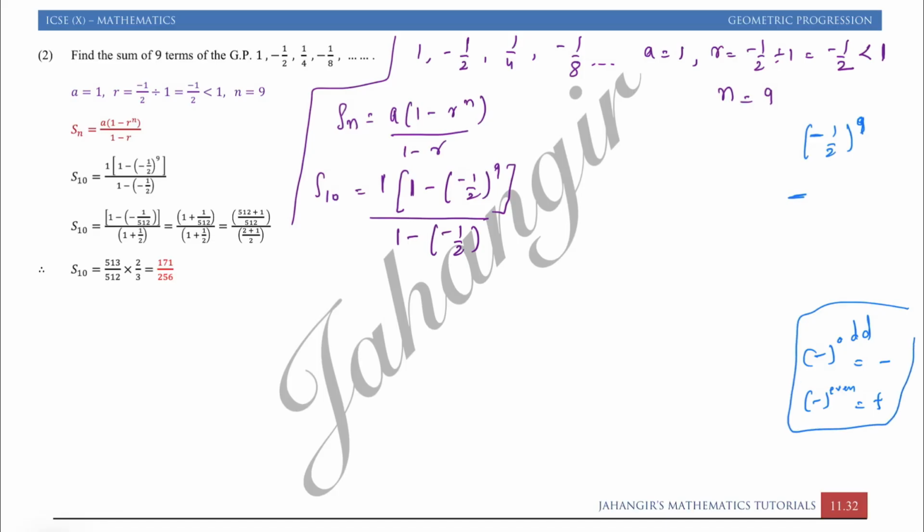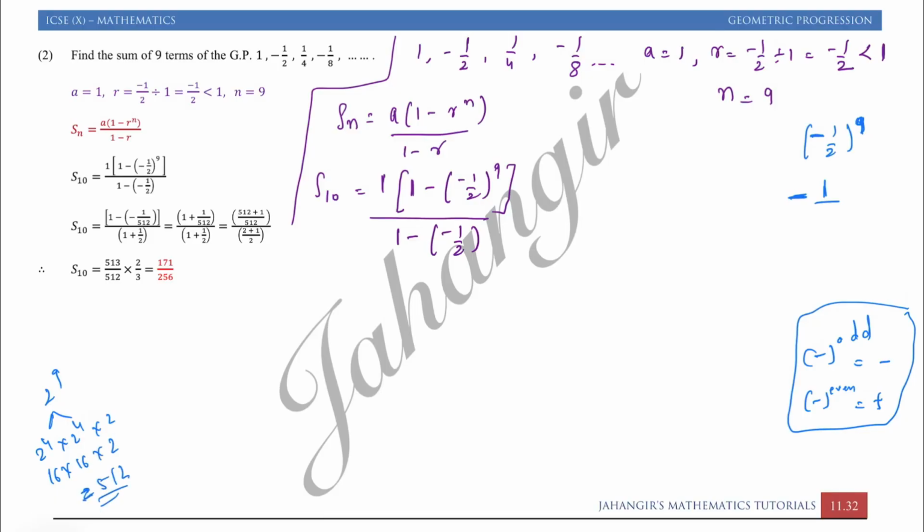This concept you have to remember. Whenever we have minus raised to odd power, the answer will be minus, and 1 raised to 9 is 1, and 2 raised to 9 is, let's find, 2 raised to 4 into 2 raised to 4 into 2, so 16 into 16, 256 into 2, that is 512.